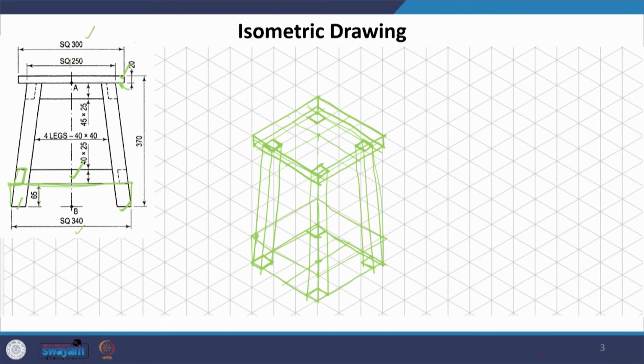So, if you join this properly, you will see that this is the diminished point, and we can actually draw where this leg is going to come, but this is the cross section of the leg, right, it is not this piece. So, what we need to know is where this piece is. So, I can actually draw this piece here, this is in dotted, and then just taking the parallel lines we can join it. We will have to do the same thing here.